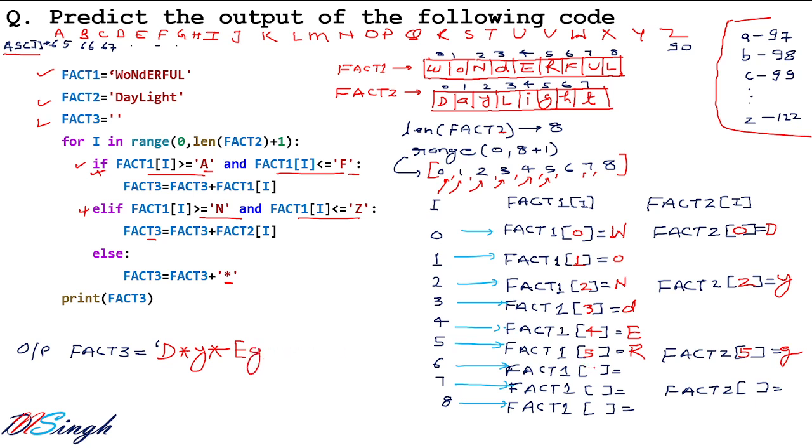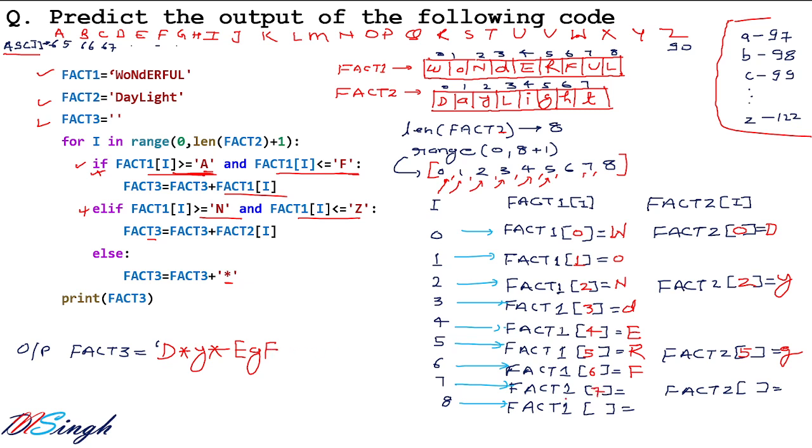Next iteration, I value will be 6. So what is the value at index 6 in fact 1? That is F. If we compare F, it is greater than A and less than or equal to F. So these two conditions are satisfied. Here the same F is going to be concatenated in the fact 3 string.